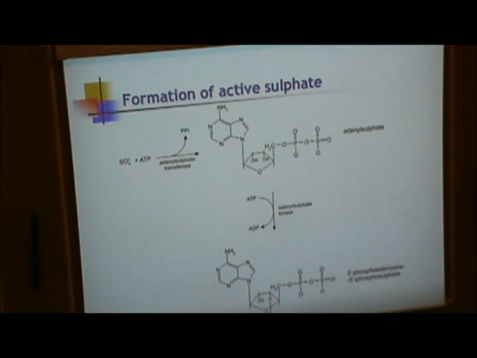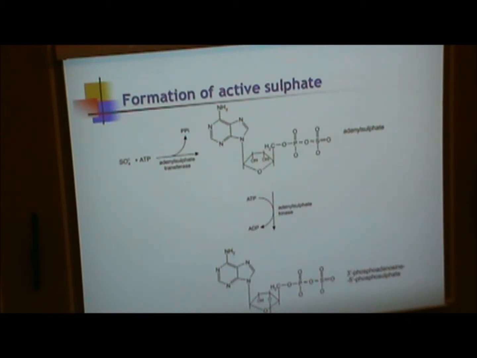ATP converts into ADP, whereas the phosphate group is transferred to this OH group. The adenyl sulfate is converted into 3' phosphoadenosine 5' phosphosulfate.